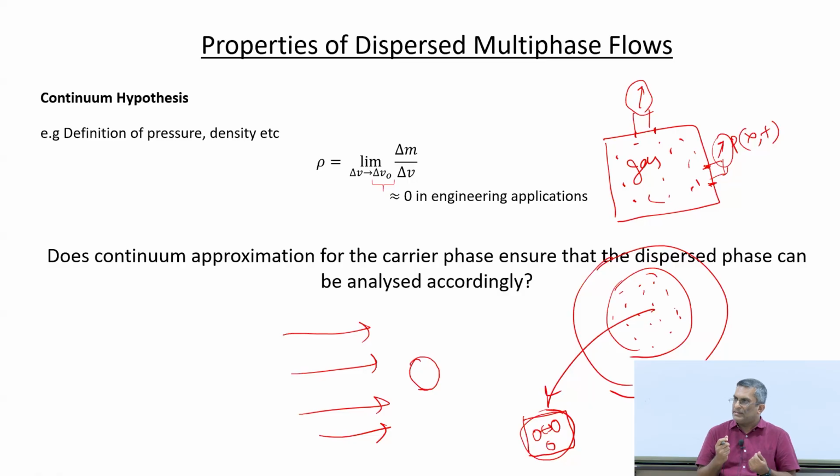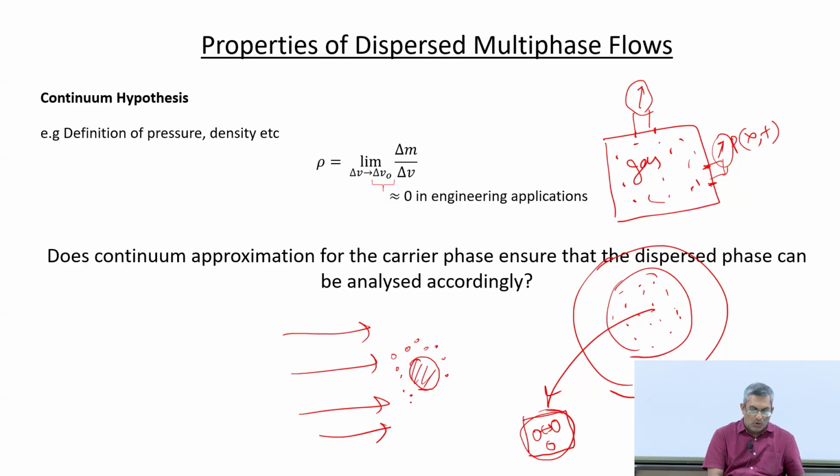Drag force. Now, from a microscopic point of view, what is drag force? It is due to the interaction between the carrier phase and this particle, right? So now imagine you just zoom in and these are the molecules. These molecules come and bombard the particle and that is what is causing the drag force.